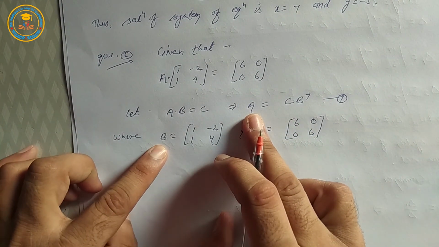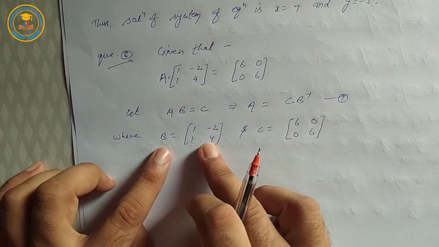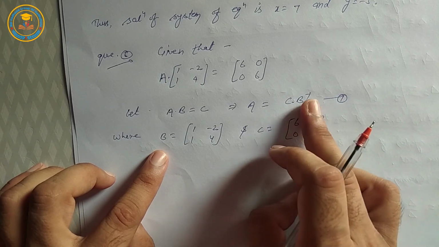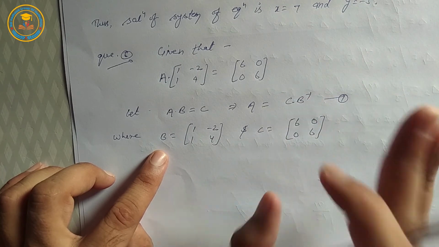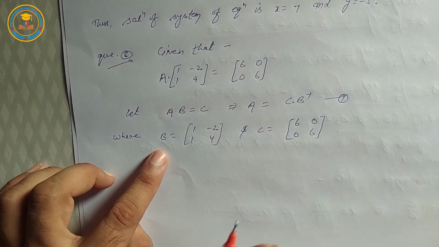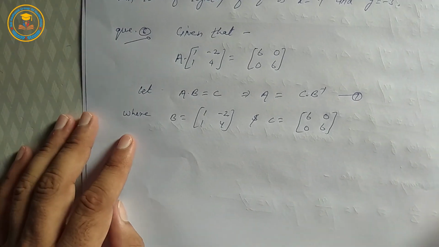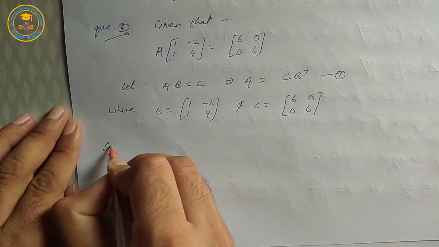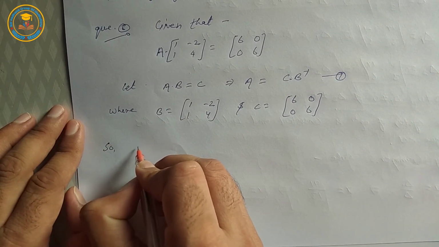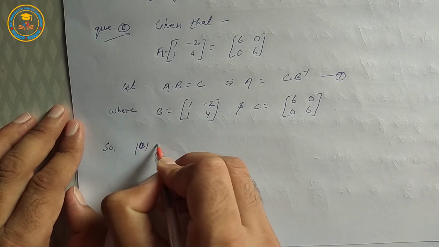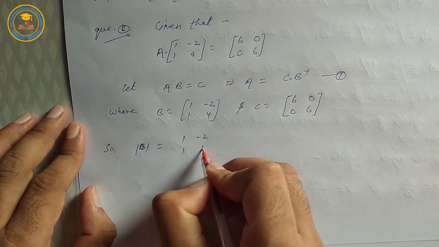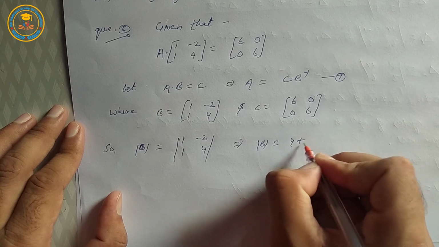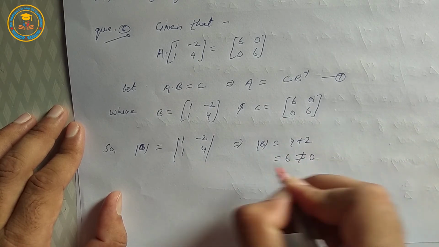Matrix C is equal to [6 0; 0 6], and the formula of B inverse is equal to adjoint B upon determinant B. So determinant B is equal to |1 -2; 1 4|, which implies determinant B is equal to 4 plus 2, which is equal to 6, not equal to 0.